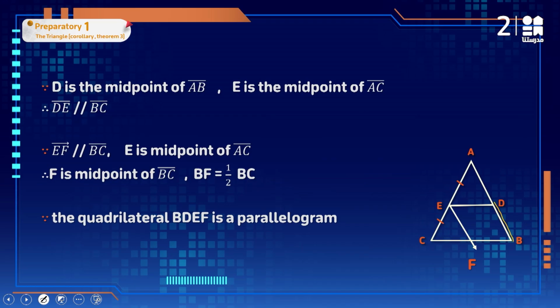Since the quadrilateral BDEF, do you see it? It's a parallelogram. And therefore DE equals FB equals half BC. That's it. Okay. To be clear for every one of you, let's watch the video from AKB, then take more exercises after it.